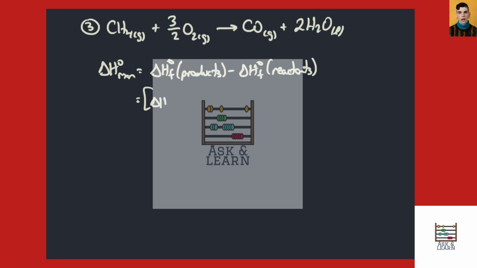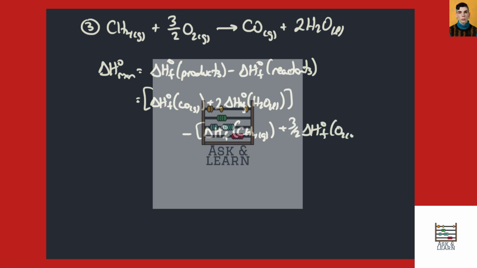This is equal to delta H naught formation CO gas plus 2 delta H naught formation H2O, minus delta H naught formation CH4 plus 3 over 2 delta H naught formation O2 gas.